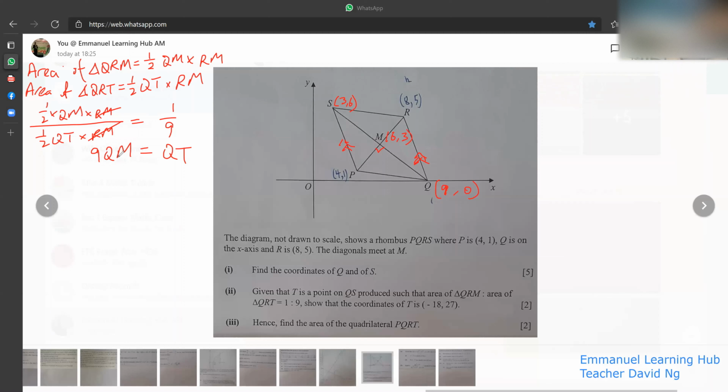So you have the length of QM, you will have the length of QT also. So translation of Q to M is -3, 3.